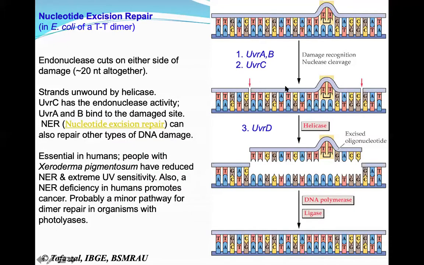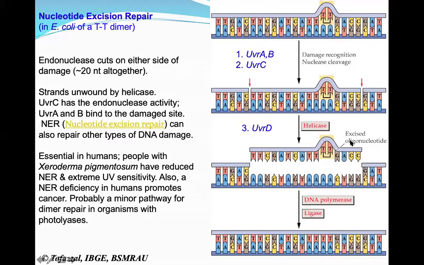It is cutting a far distance, like a surgery. A surgeon does the job this way: if they want to remove a tumor, some fresh tissue is also cut and removed. So you see the endonuclease cuts on either side of the damage, this side and this side.